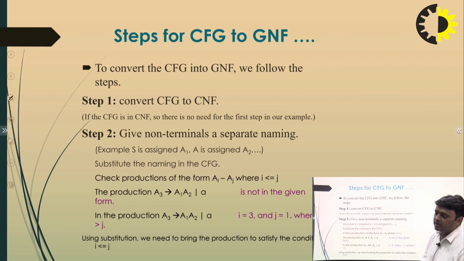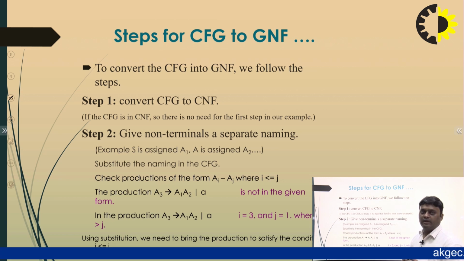As we know, in Chomsky normal form we first remove the useless symbols, unit productions and null productions.